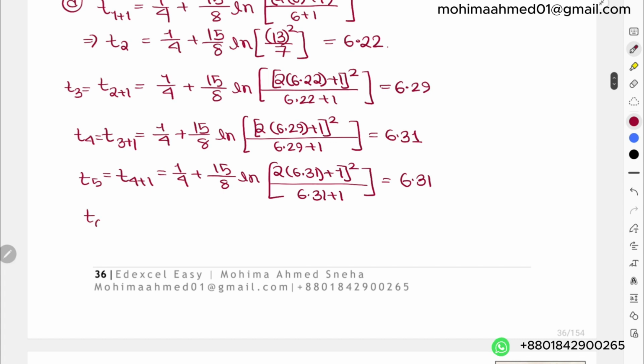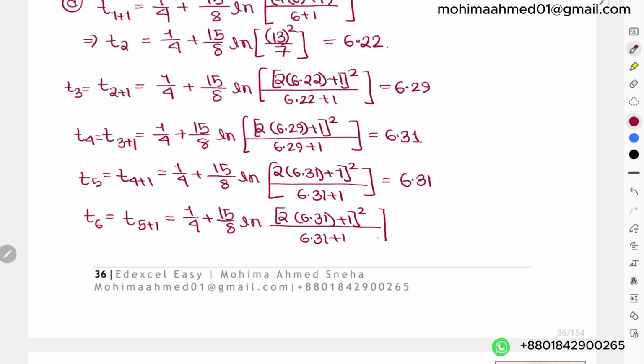So I can clearly see T6 is also going to be 6.31. T5 plus 1 is 1/4 plus 15/8 ln 2, 6.31 plus 1 whole square divided by 6.31 plus 1. So this is also going to be 6.31.